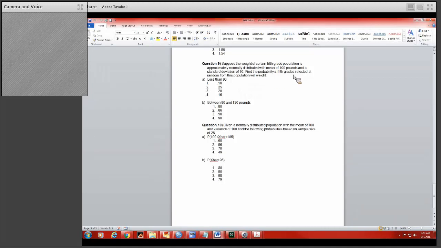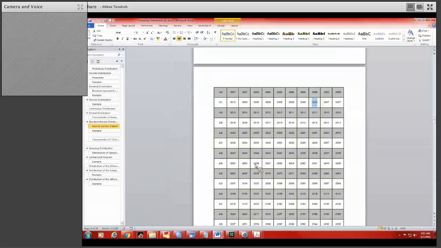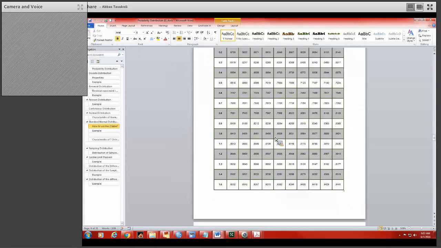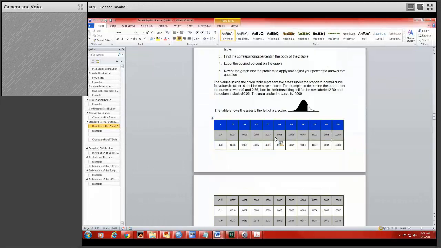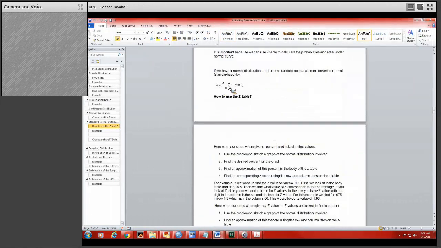Question 9, we get to the distribution. It's asking, we know the population is normally distributed with a mean of 100 and a standard deviation of 10, what is the probability a fifth grader selected at random here? So basically here what you have is your sigma and the mu.